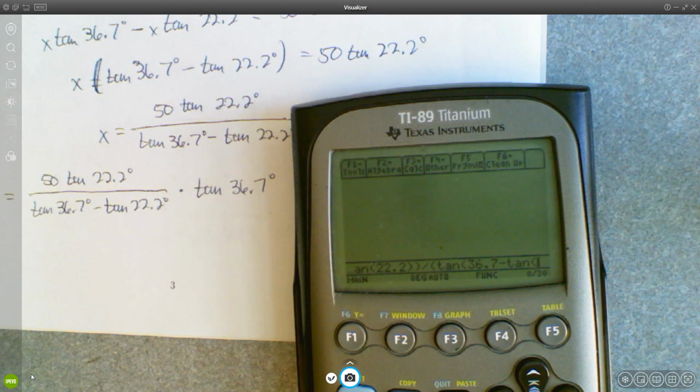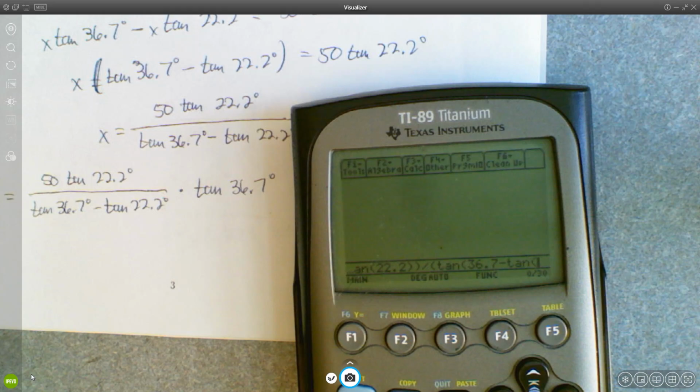Where am I missing a parenthesis? So I've got it around the numerator. Oh, there it is. Okay, let me make sure I got it in there right. 50 tangent 22.2 over tangent 36.7 minus tangent 22.2, times tangent 36.7.